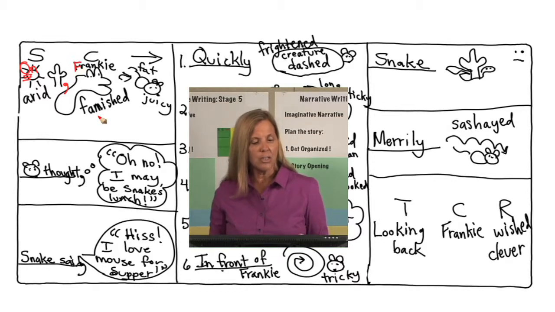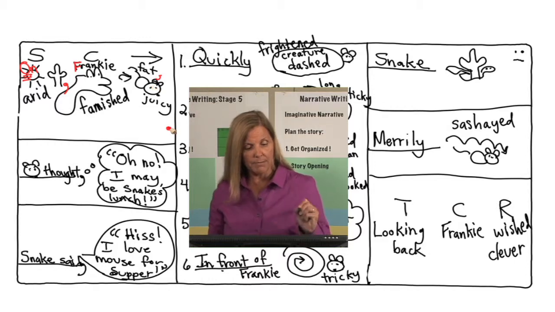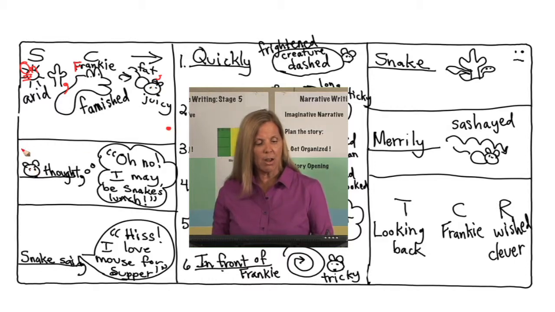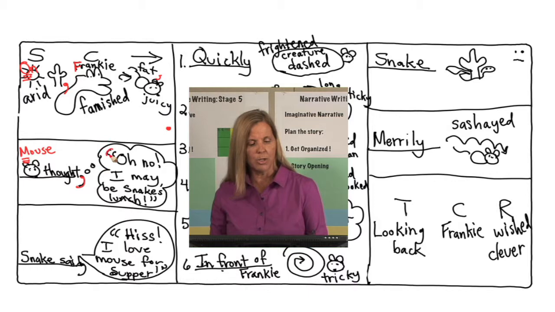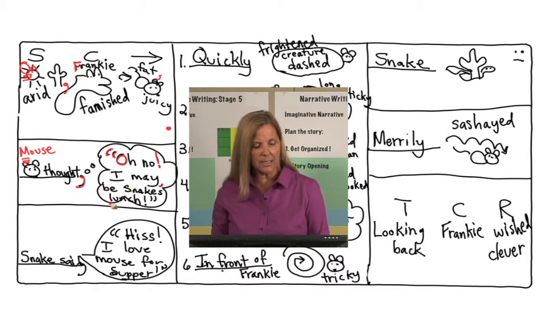The famished snake chased after a fat, juicy mouse. I'm going to put a comma after fat, juicy mouse to fill his empty belly. Period. Mouse thought, I think I'm going to write mouse here. Put a capital. Mouse thought, comma, quotation mark, oh no, I may be Snake's lunch.